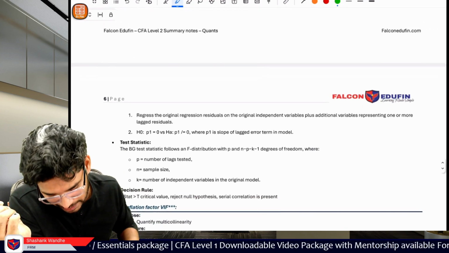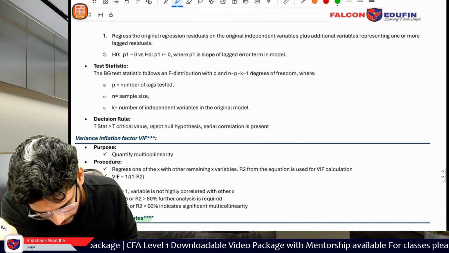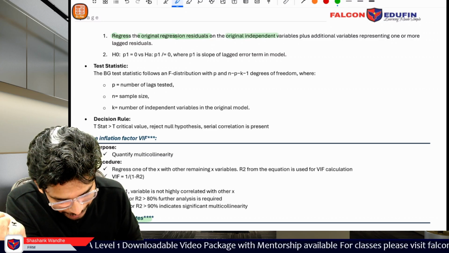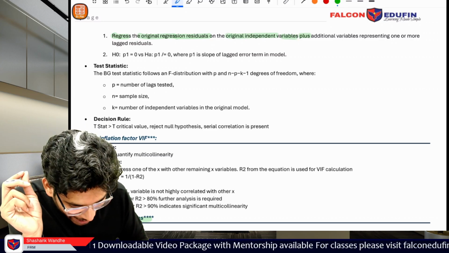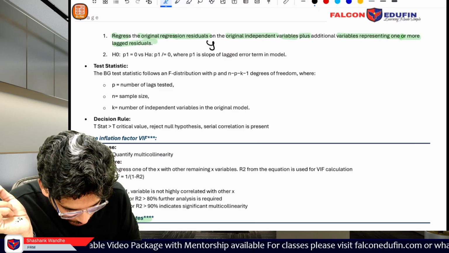Okay, now we have the BG test. The procedure is, because remember we are testing for the serial autocorrelation, regress the regression residuals on the original independent variables plus additional variables representing one or more lagged residuals.